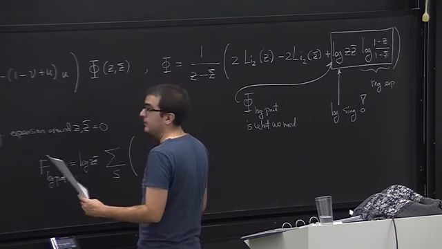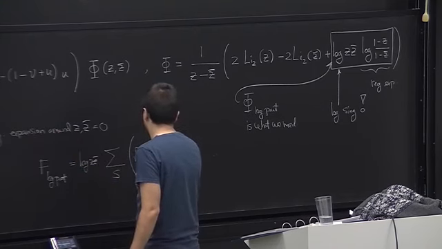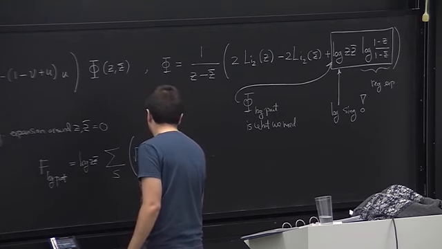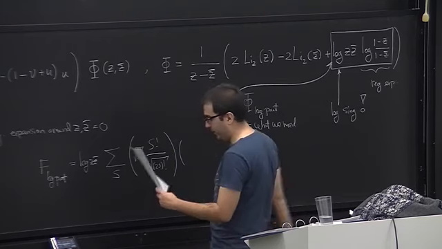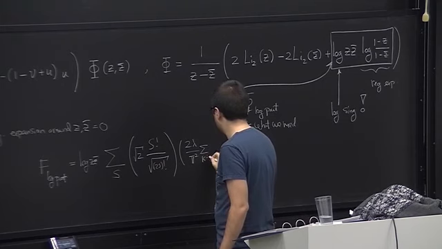And then you get the same thing you got before, square root of 2 s factorial, square root of 2s factorial, times here 2 lambda over pi square, sum from k equal 1 up to s of 1 over k.